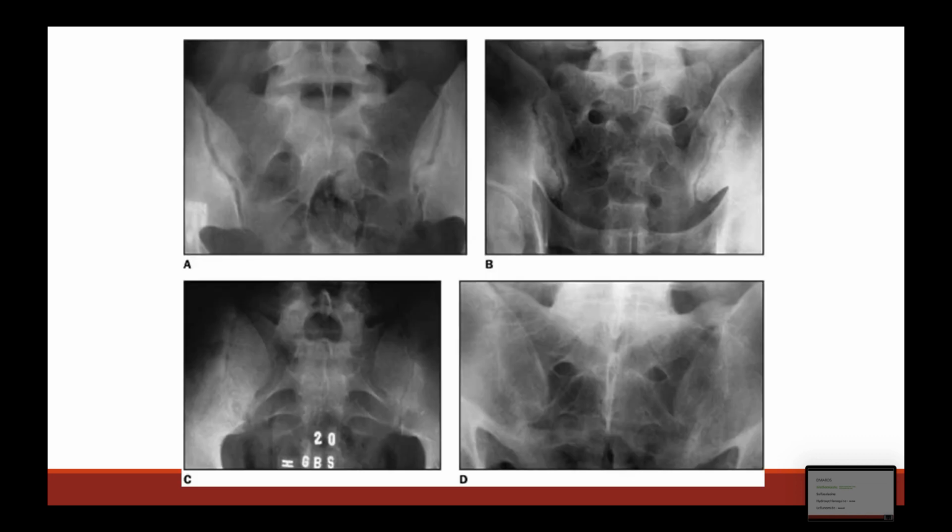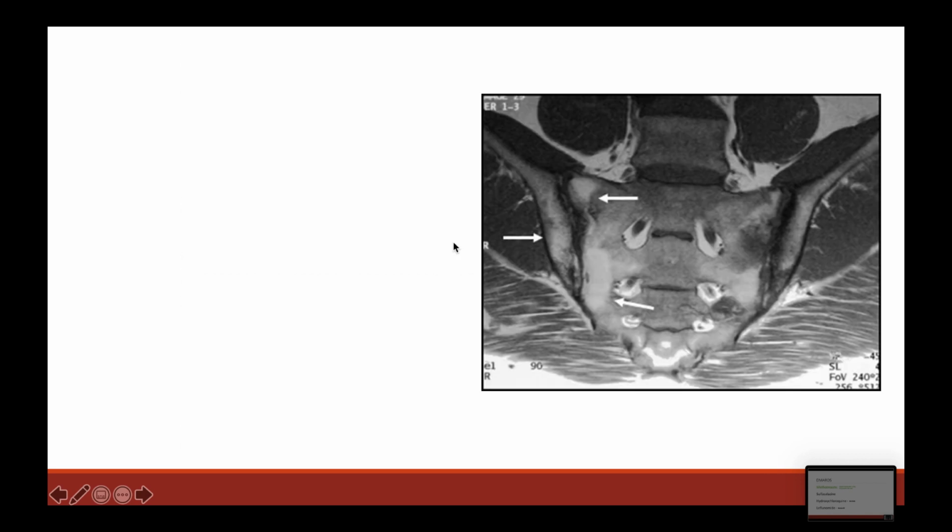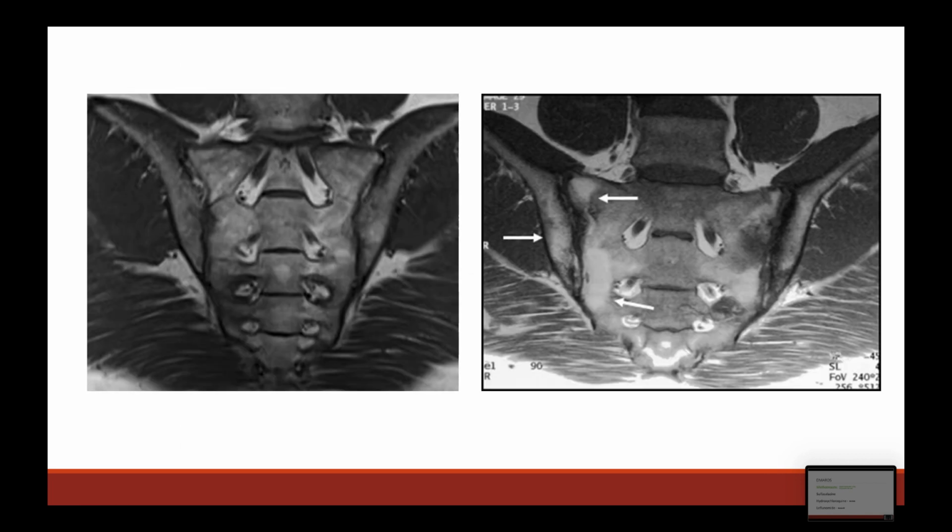So here's typically what you would see in an ankylosing spondylitis patient. Picture A is normal, and B to D show worsening signs of sacroiliitis on X-ray. You can see the loss of joint space and fusion. You won't need to know how to read this, but here is just what it looks like. Right hand side is normal, and here you can see that there's definitely some asymmetry as well as some sort of fusion of the joint and sacroiliitis.